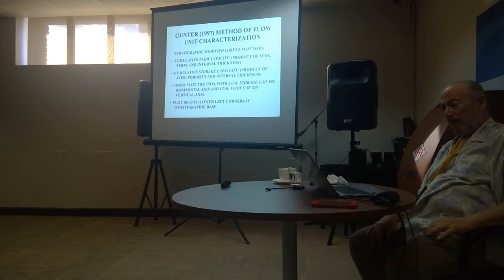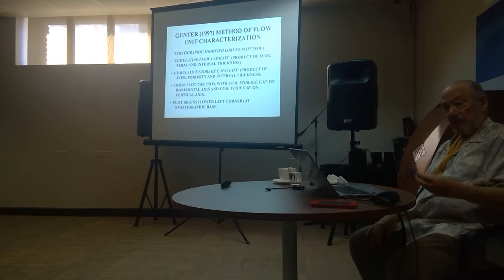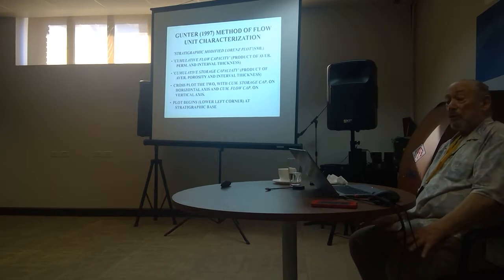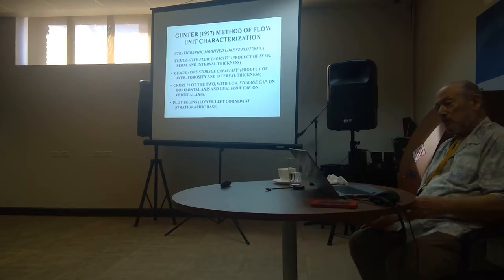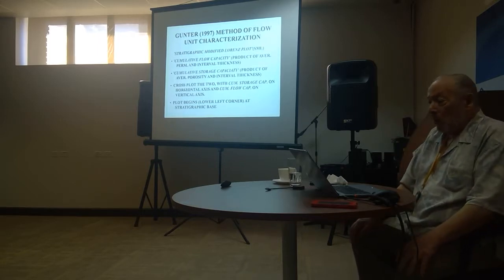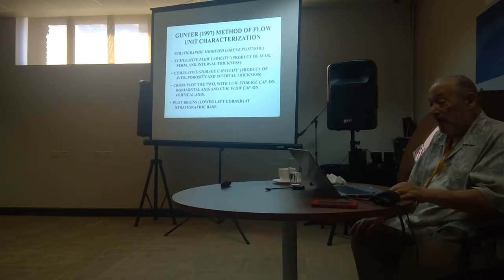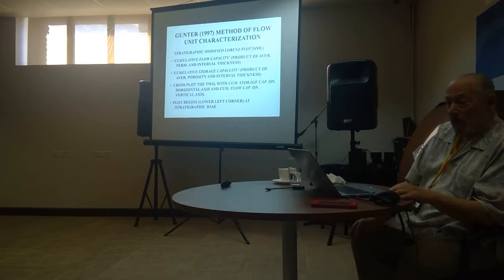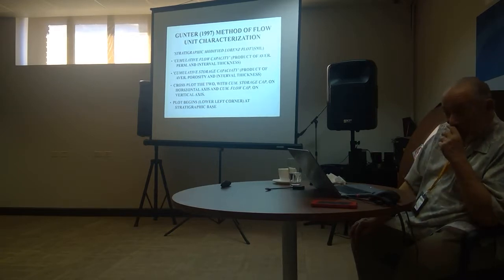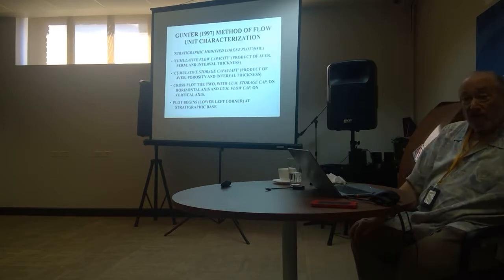Well, I want to show you another method here that doesn't require as much geology, I'm sorry to say, but it works quite well. It's an old method that has been used for a long time to do flow unit characterization and, in particular, correlation between different wells.